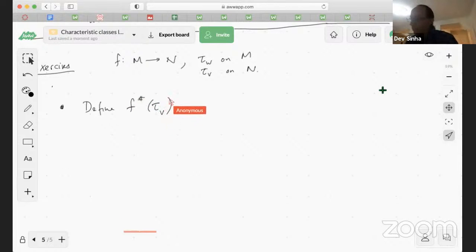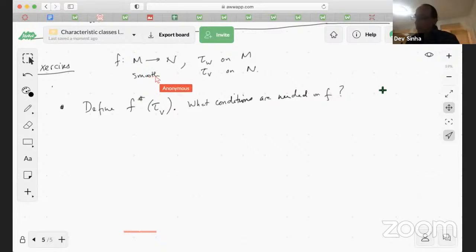So cochains should pull back. Let me prompt you by asking what conditions are needed on F. In particular, of course, F had better be smooth, you would guess. I'll go ahead and write that up here. But what other conditions, if any, do we need to define the pullback?